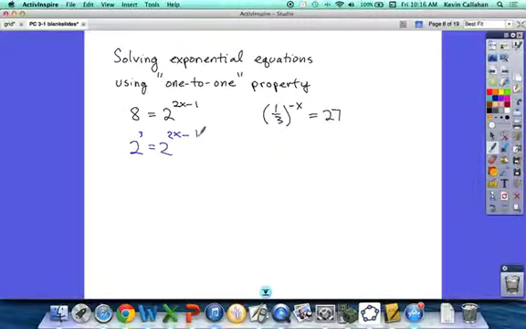So you go right from this step because the bases are the same. You make an equation out of the exponents. And that's something you can just solve by normal algebra. 2 to the 3rd equals 8. Right? 2 times 2 times 2 is 8. Okay, so that becomes 4 equals 2x, x equals 2.